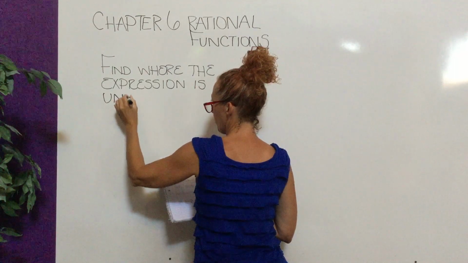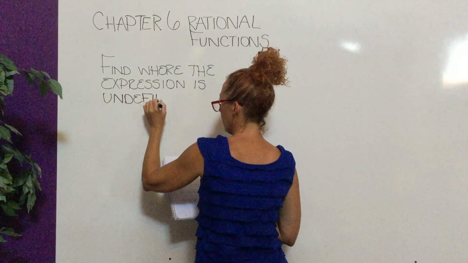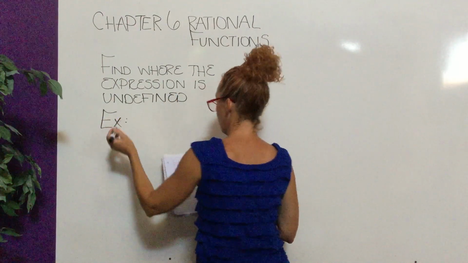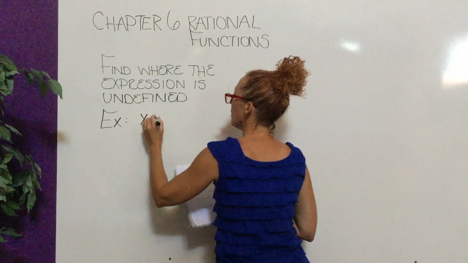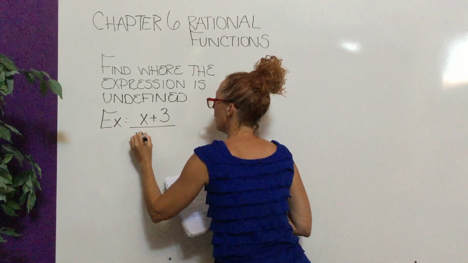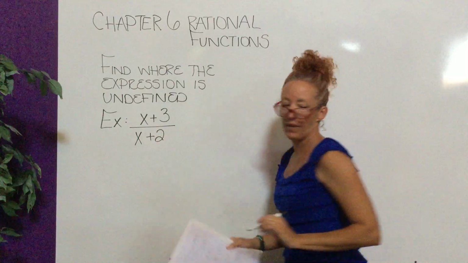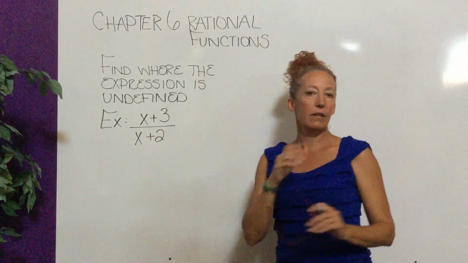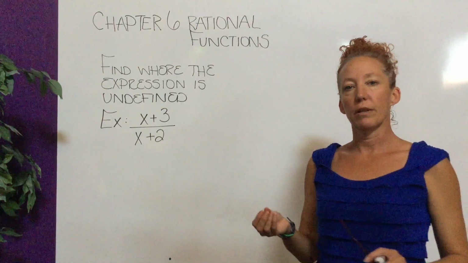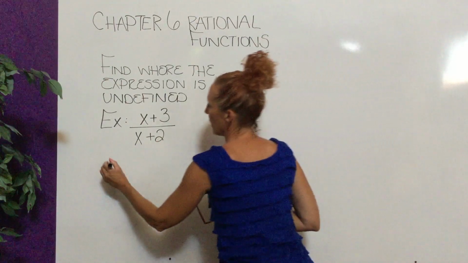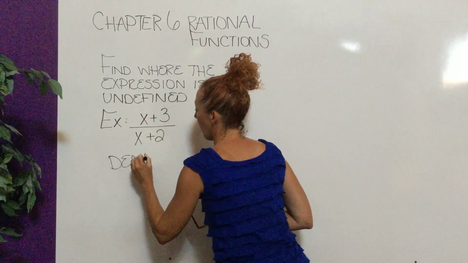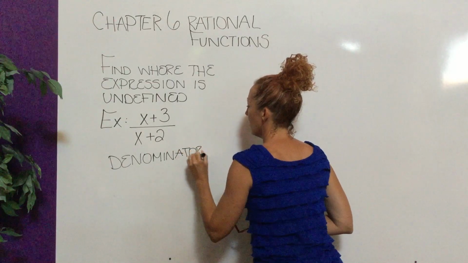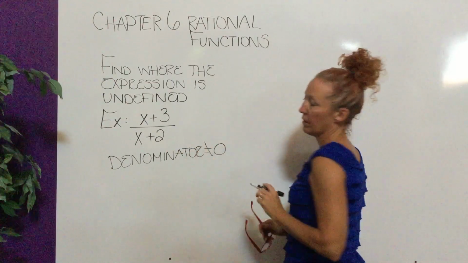The very first part of this lesson talks about what type of x value would create a problem for this particular fraction. Well, if you recall, the denominator of any fraction cannot be equal to 0.